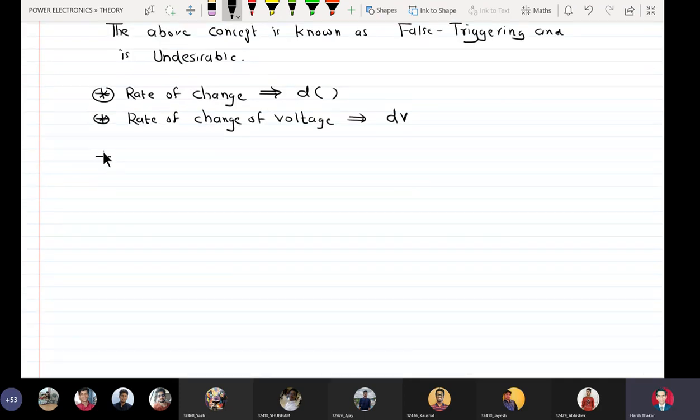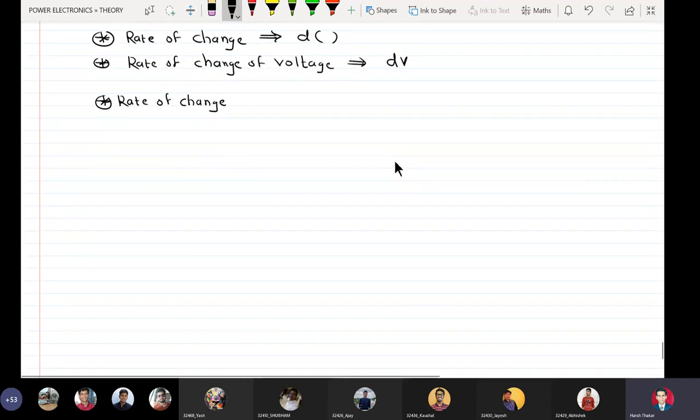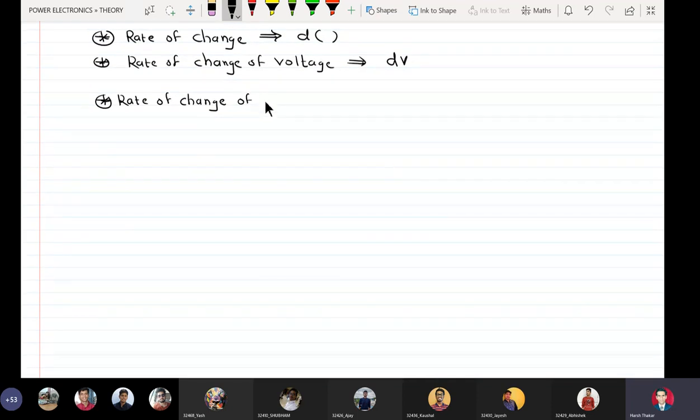And when I want to indicate rate of change of voltage at anode with respect to cathode, then actually I can write it as d VAK by dt.